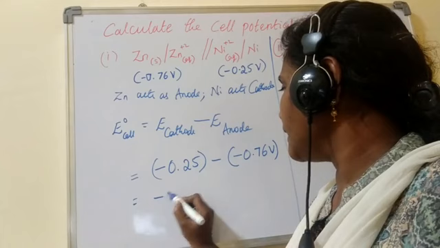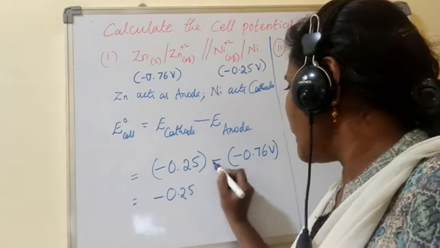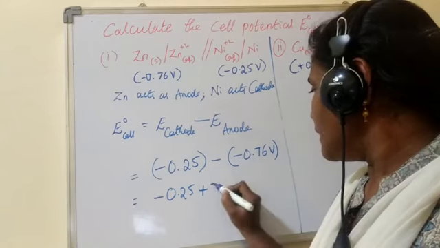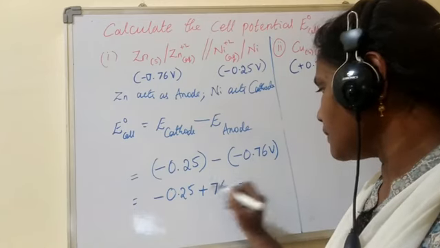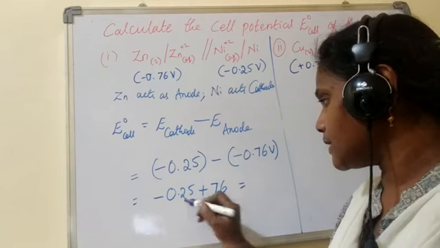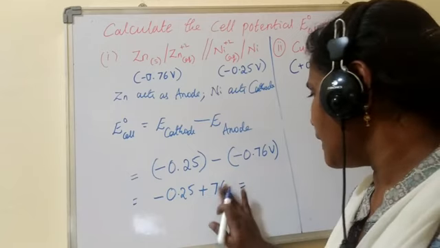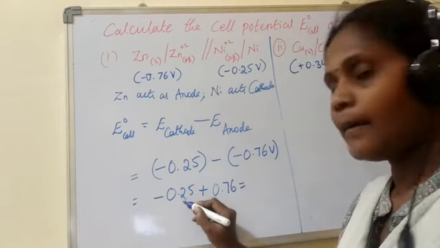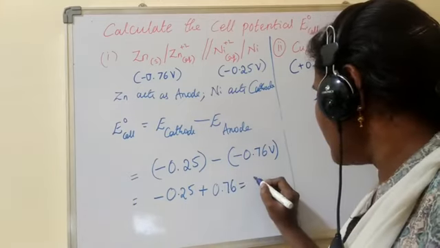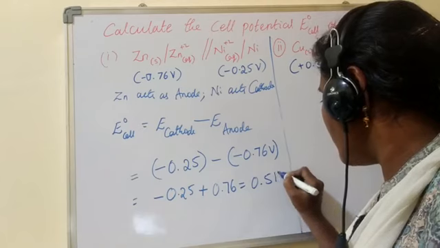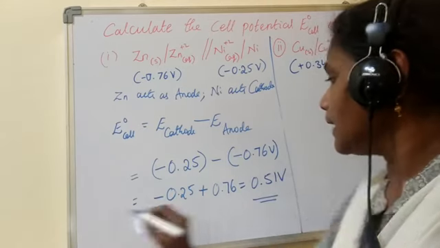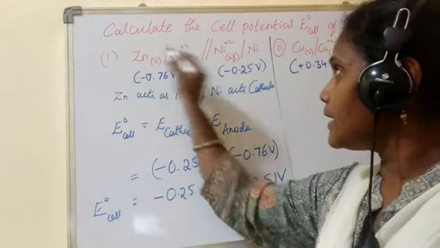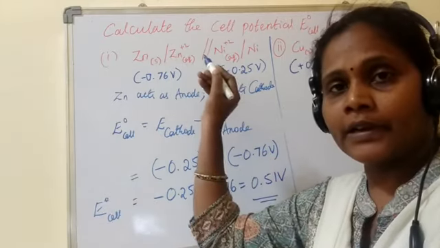So writing minus 0.25, minus of minus will become plus, and this will be 0.76. If you subtract 0.76 minus 0.25, you will get 0.51 volt. So, this is the E0 cell of this galvanic cell representation, right?